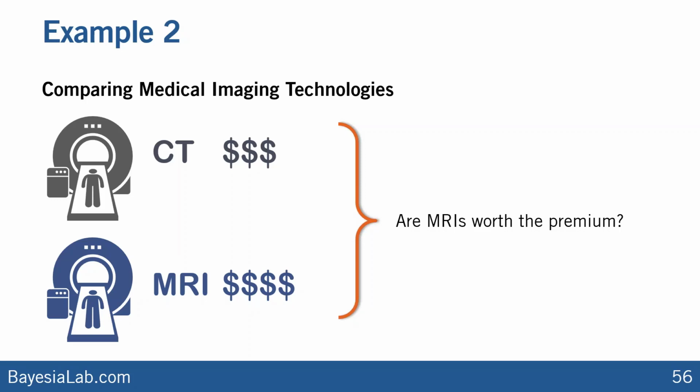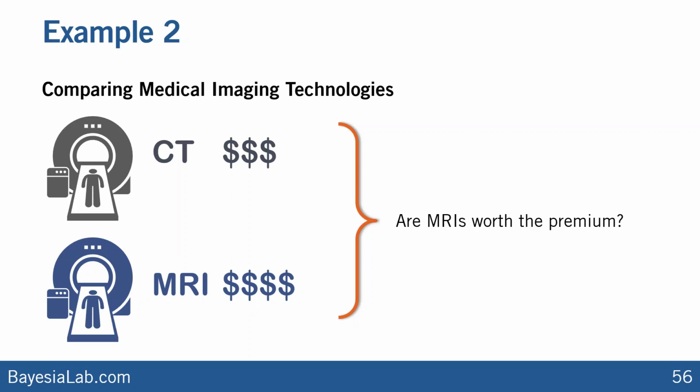So CTs work with X-rays, while MRIs, as the name implies, work with magnetic fields. And there would be a lot to say about the technical differences. I certainly would not be qualified to speak to that. However, what is commonly known is that MRI scans are quite a bit more expensive than CT scans. So now the question is, are they worth it?